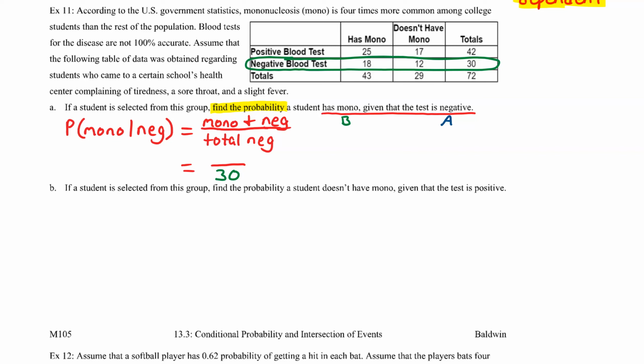And we can also see, if we go down and look at how many have mono, 18 of those fell in the overlap region. So 18 out of 30. And so we can calculate this either by simplifying the fraction or getting the equivalent decimal. And if we get the equivalent decimal, we're going to find the probability is 0.6.